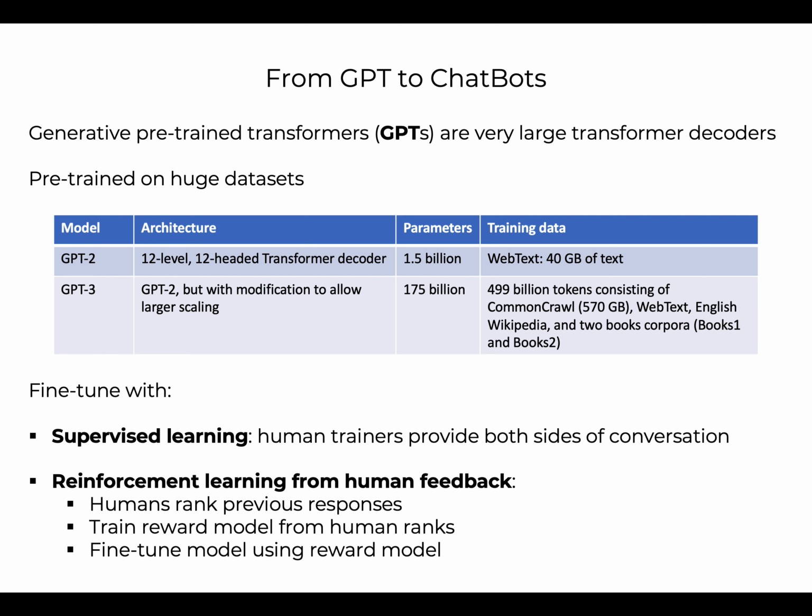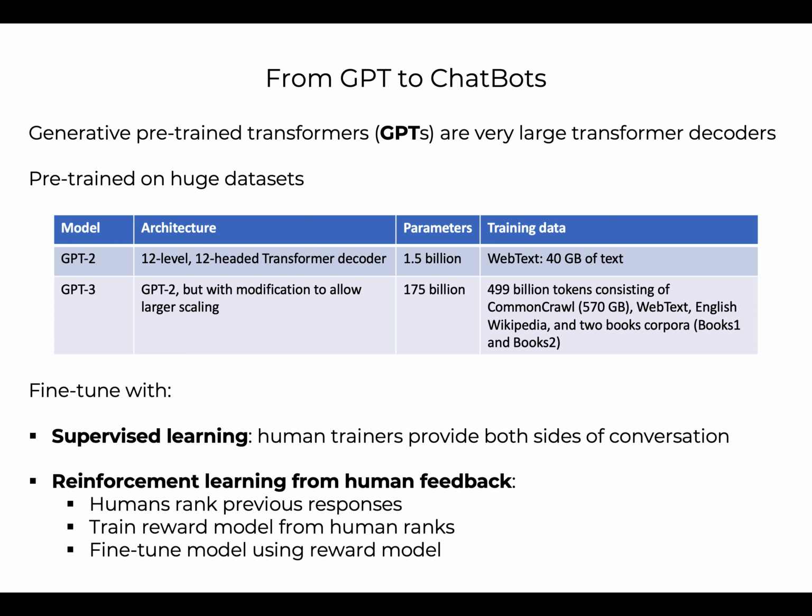There are usually two parts to this. One is supervised learning, where human trainers provide conversations, both the human and the chatbot side of the conversation, and this gives direct supervision for the sorts of conversations we'd like it to be able to produce. But we also use reinforcement learning from human feedback.